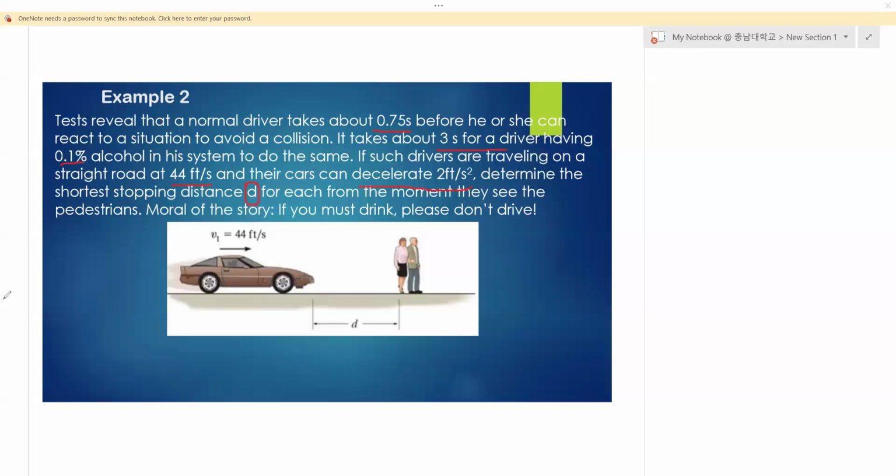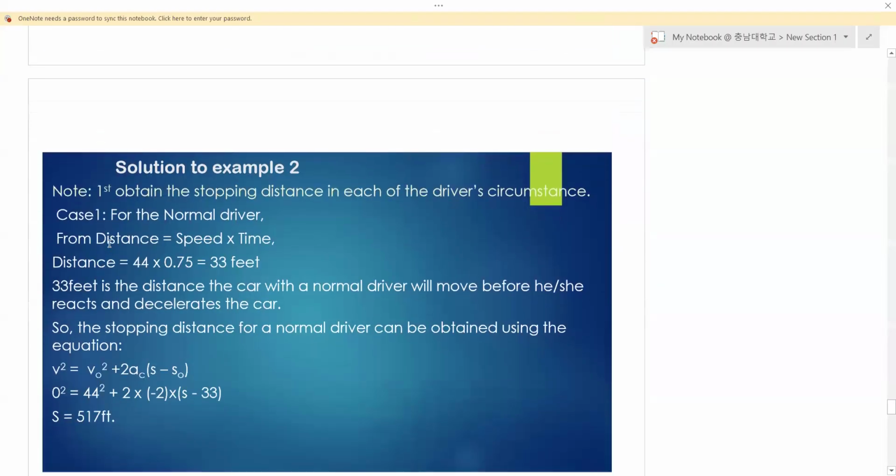So let's try to now go into this problem. Let's try to solve the problem. Okay, so now we need to understand the problem. After you understand the problem, calculation is easier. Note number one: let's first of all obtain the stopping distance in each of the driver circumstances.